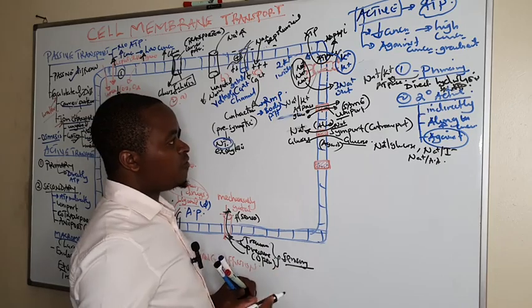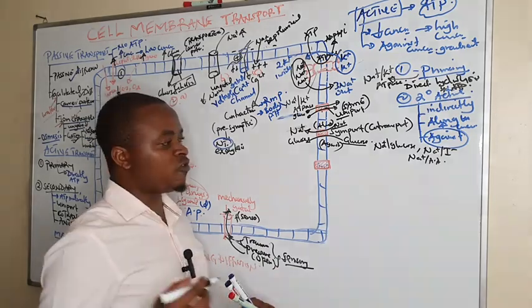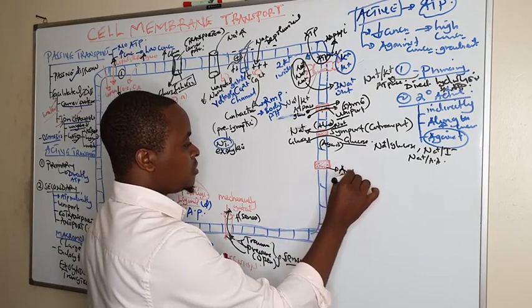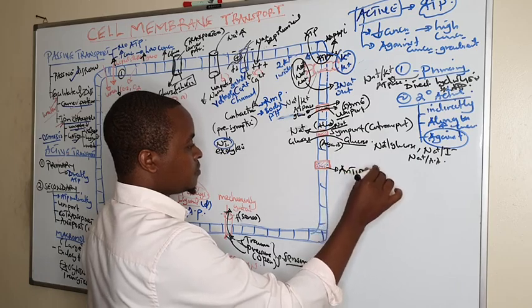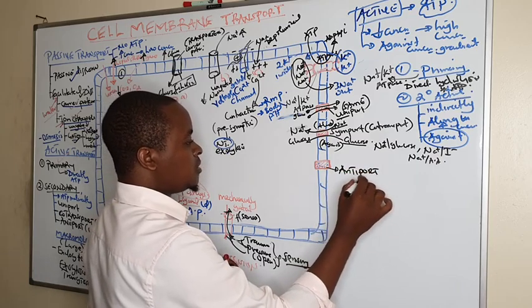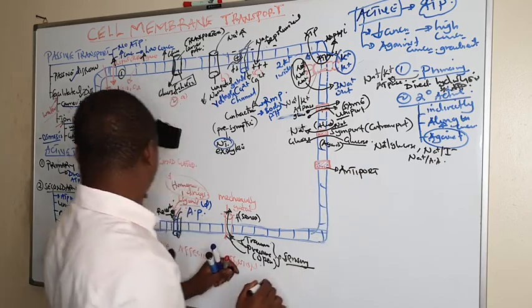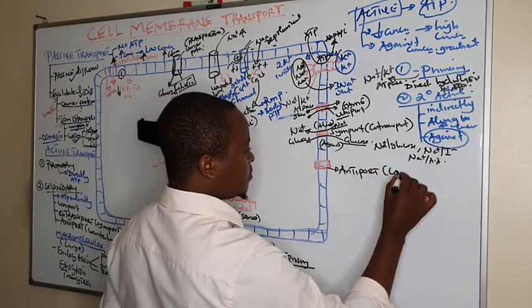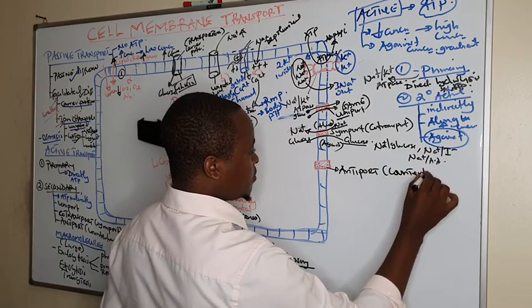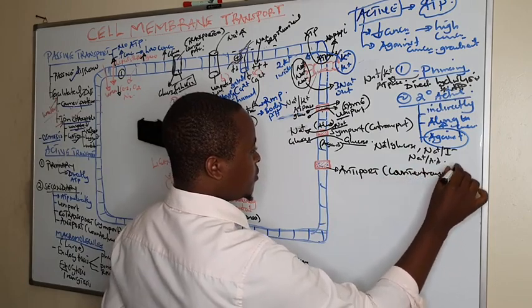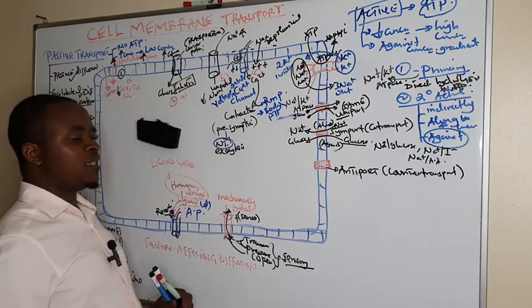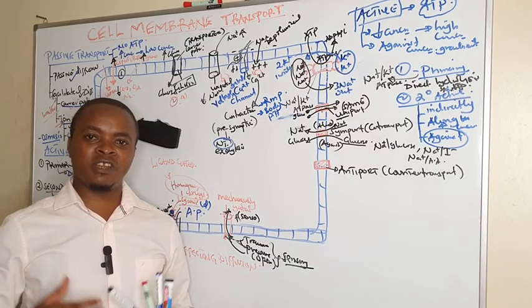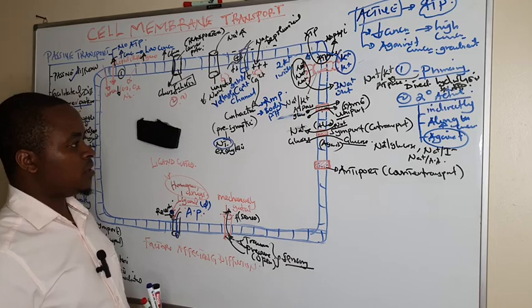Then another form of secondary active transport is what we call antiport, or you can call it a counter transport. In a countertransport, anti means they cannot meet, they are moving in the opposite direction.